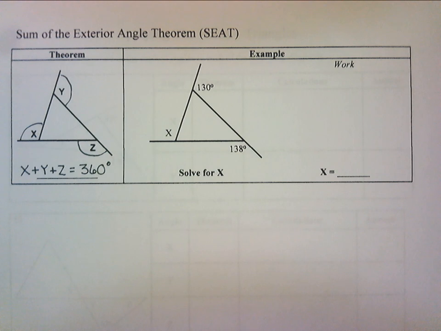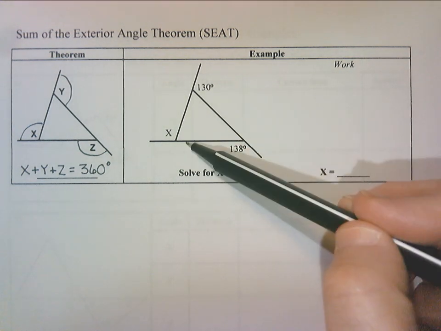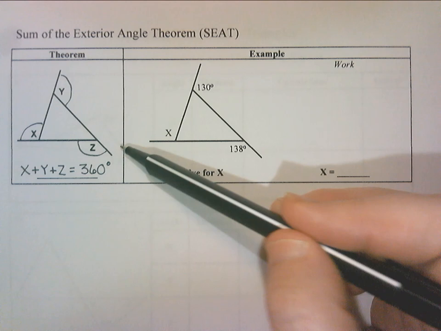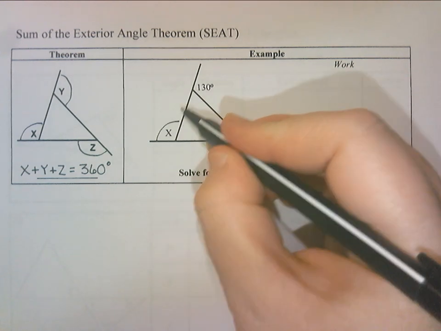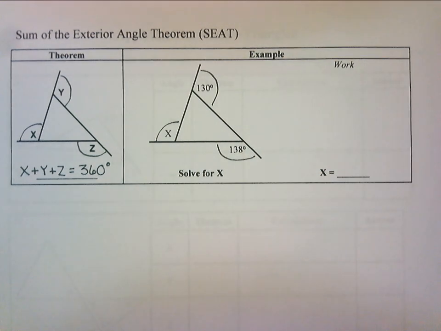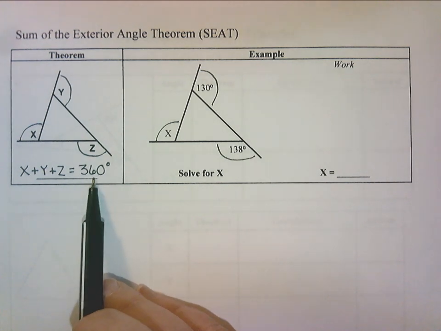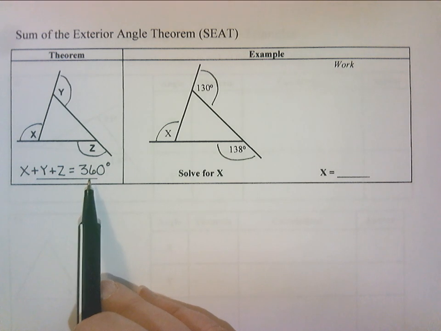So we're going to take a look at an example. I have a triangle, the sides have all been extended, and the angles on the outside are the ones that I've been given. So these are exterior angles. Now we know that exterior angles add to 360 degrees.